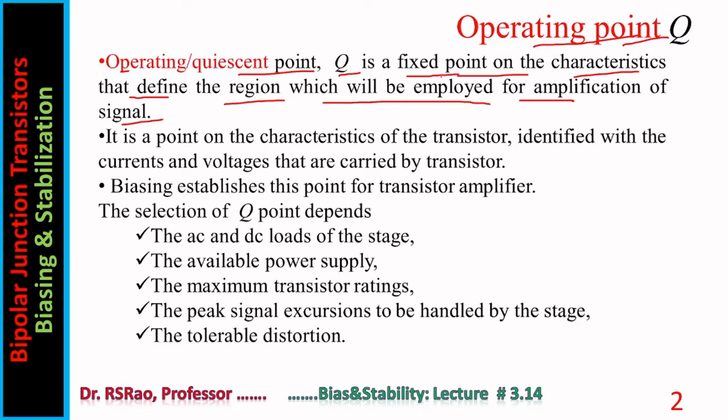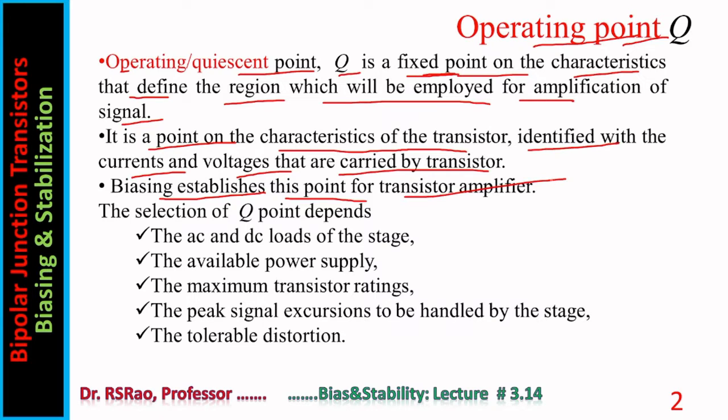Another way of understanding the operating point is, it is a point on the characteristics of the transistor identified with the currents and voltages that are carried by the transistor. Biasing establishes this point for a transistor amplifier.